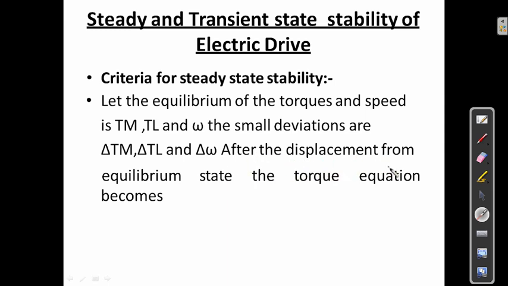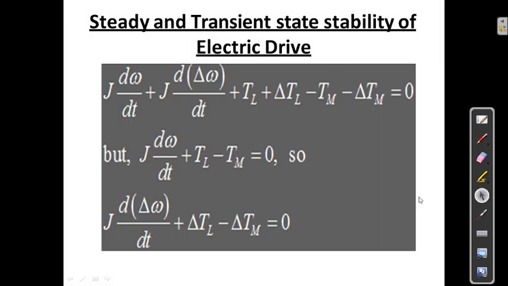After the displacement from the equilibrium state, the torque equation becomes J omega d omega by dt plus J d delta omega by dt plus TL plus delta TL minus Tm minus delta Tm equal to 0.